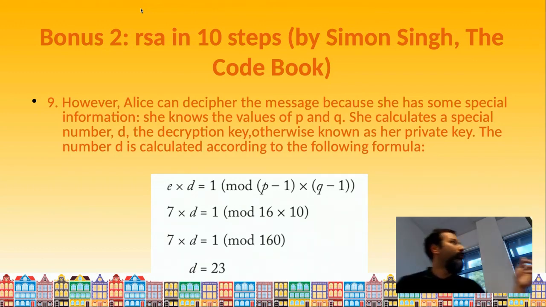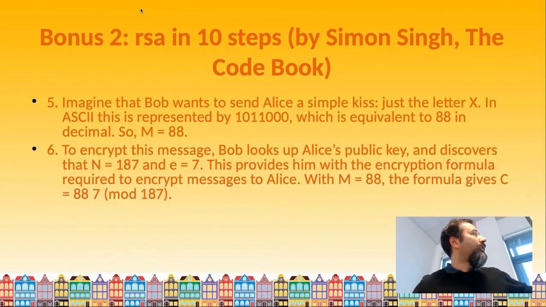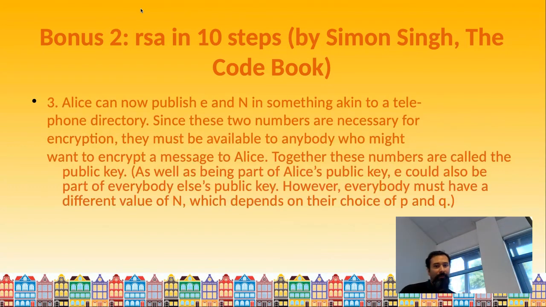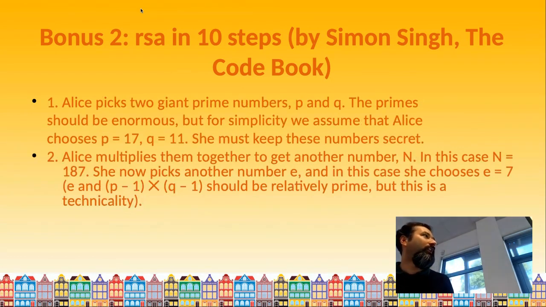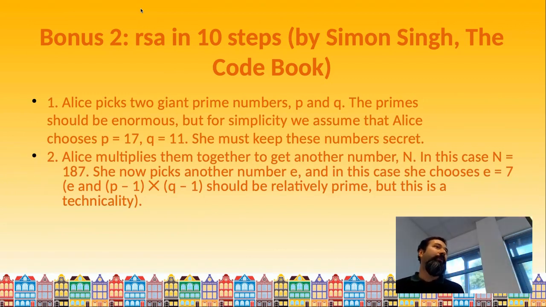If you do this with small numbers, because it all relies on this mathematical phenomenon of a function that is easy to go to one side but very difficult to come back. And everything relies on prime numbers as well. If you do this with small numbers, you can go through every step. It's very nice.